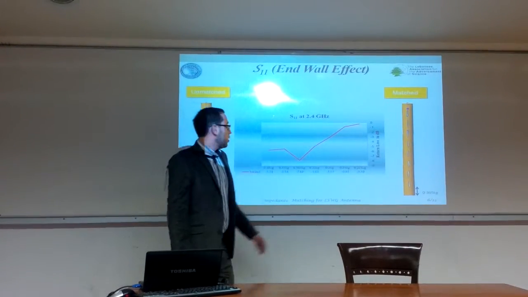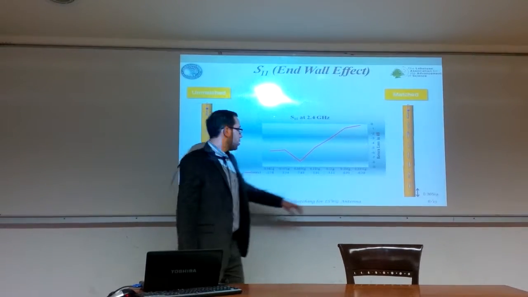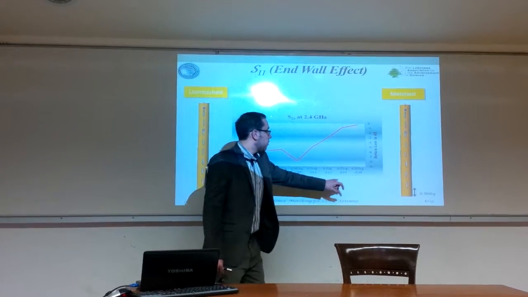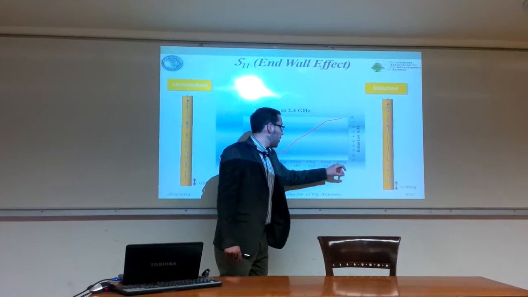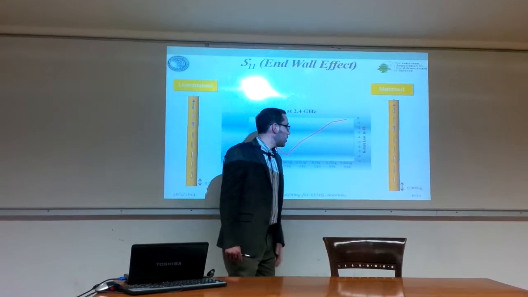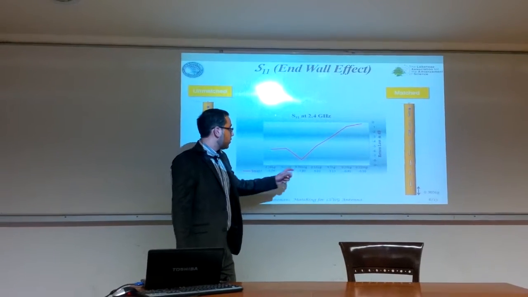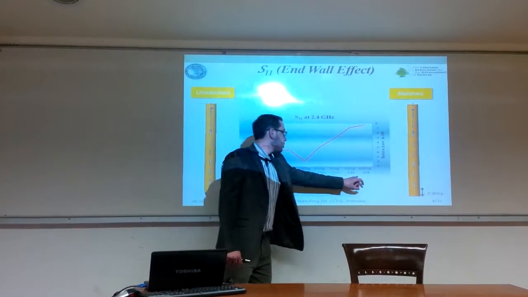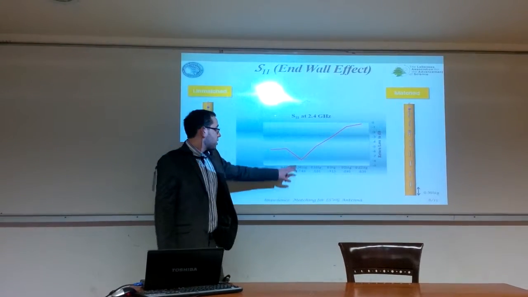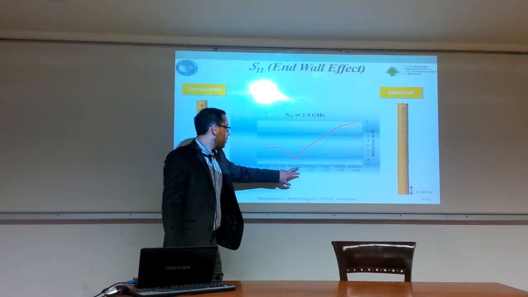As you can see here, this is the practical position used, quarter lambda g, and we vary it backward to become 0.225 lambda g, and we increase the location of the piston until we reach the most optimized location. The most optimized location was found to be at 0.365 lambda g.